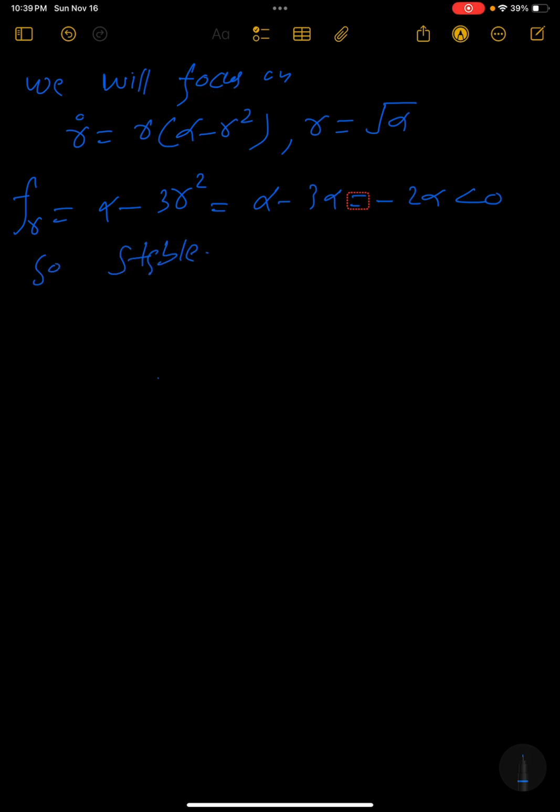And we know that r equal to the square root of alpha is a circle in the polar coordinates. Now it might be the case that alpha is 0. If alpha is 0, my equation becomes r dot is minus r cube, so the system is stable.